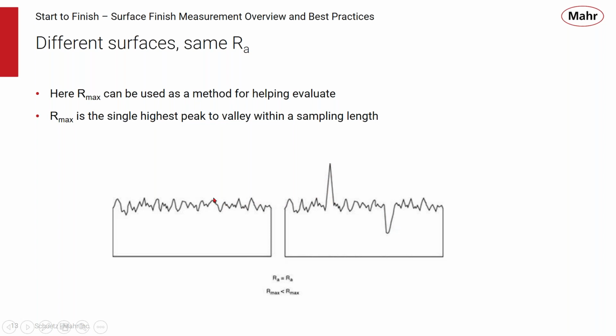But over a period of time, those peaks and valleys might average out, thus giving us the same result. So Rmax might be a way of analyzing this surface because it's going to pick up that very high peak in the surface and give us some more information. So, different parameters will help to analyze our surface.